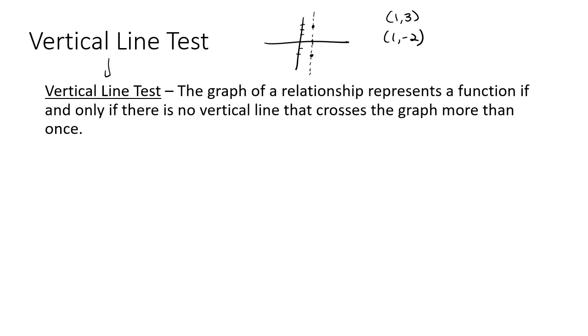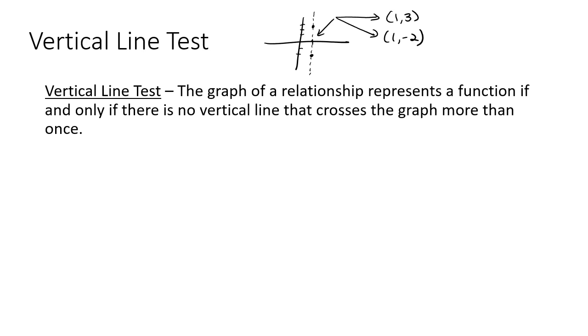And we do something called the vertical line test. The graph of a relationship represents a function if and only if there is no vertical line that crosses the graph more than once. If a vertical line intersects with 2 points on the graph, that's a situation then that does not represent a function.